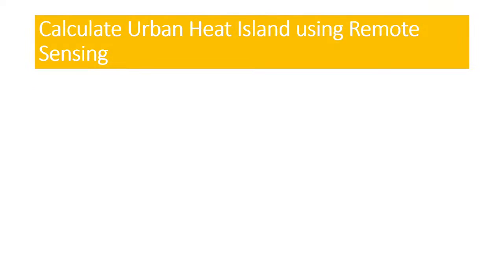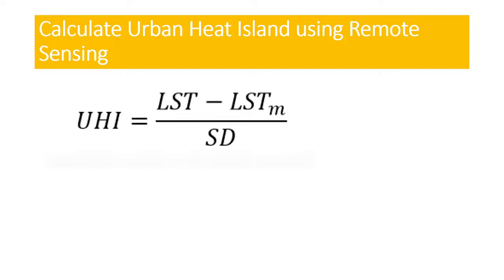And now we talk about how we can easily calculate the urban heat island using remote sensing. Here you can see the equation for urban heat island. Basically, this equation shows LST subtracted by the LST average or mean value, divided by the standard deviation.